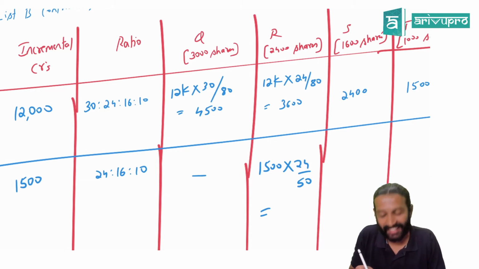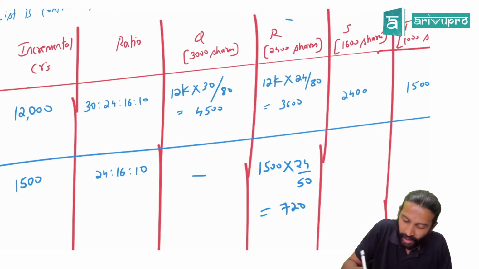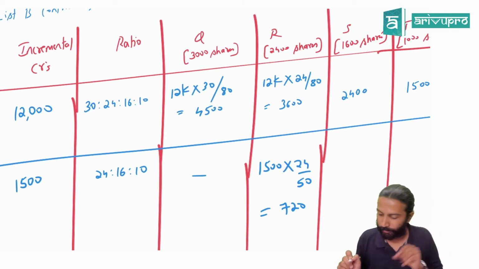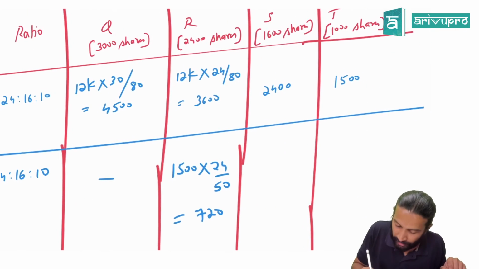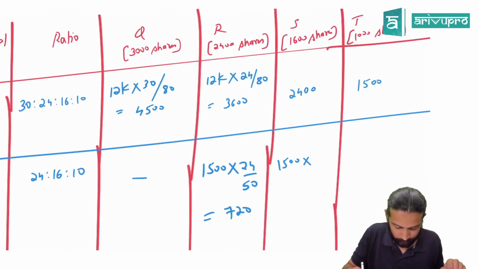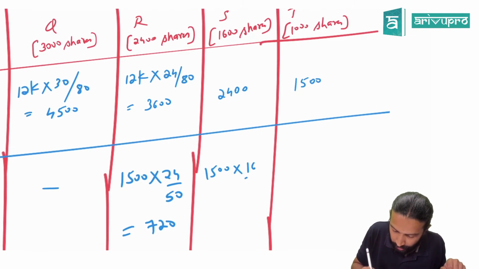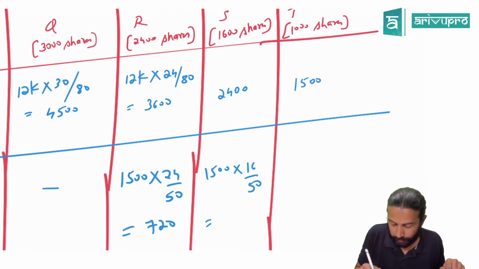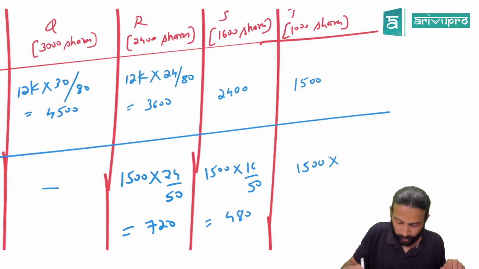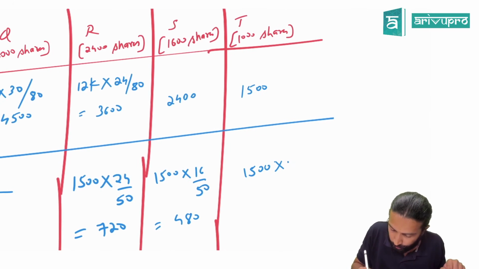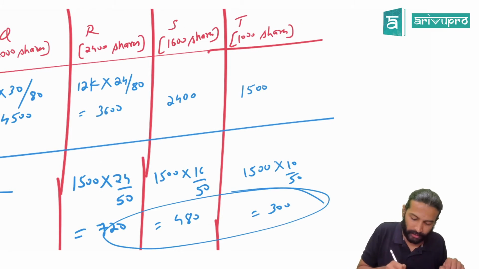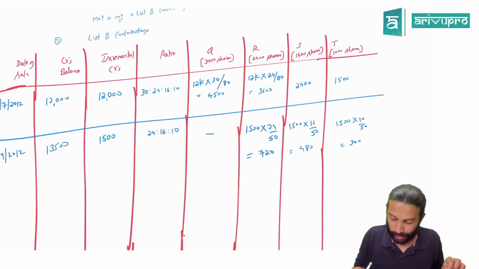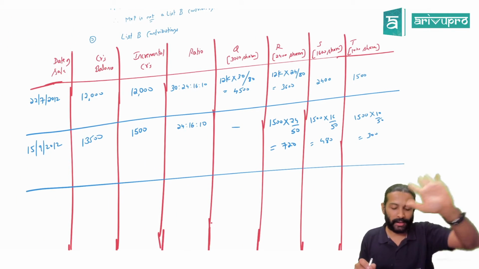How much is that? 720 for R. Q will not contribute even a single rupee. Fine, S will be 1,500 into 16 by 50. How much is S's share? 480. T's? 1,500 into 10 divided by 50, which will be 300. If you add all of this, you're going to get 1,500.